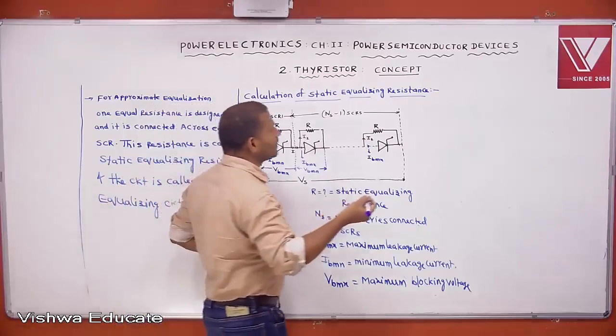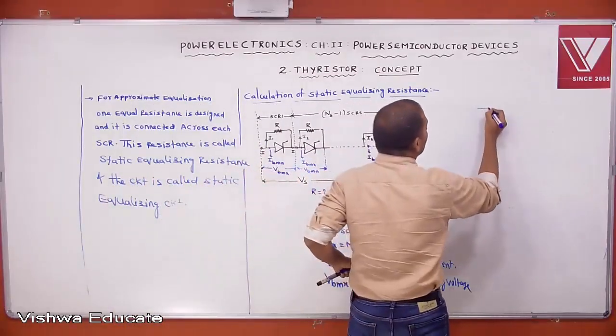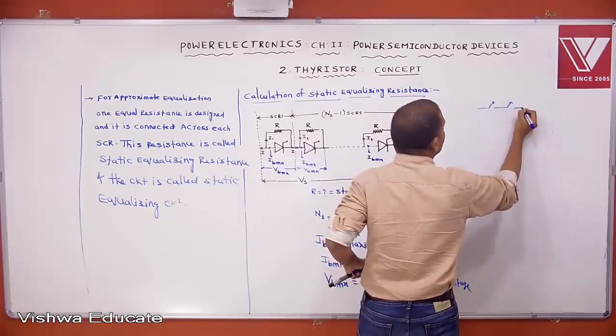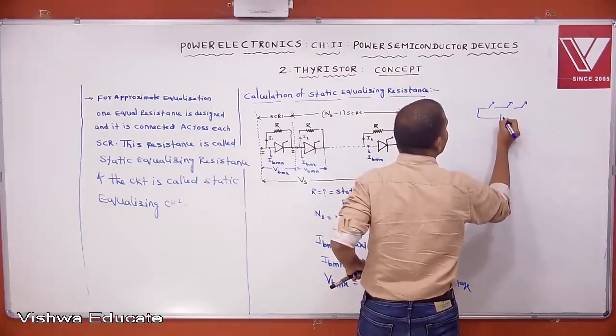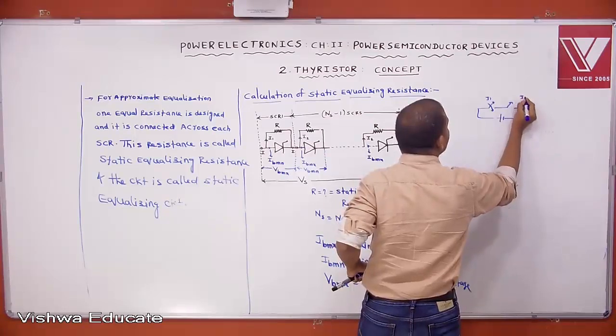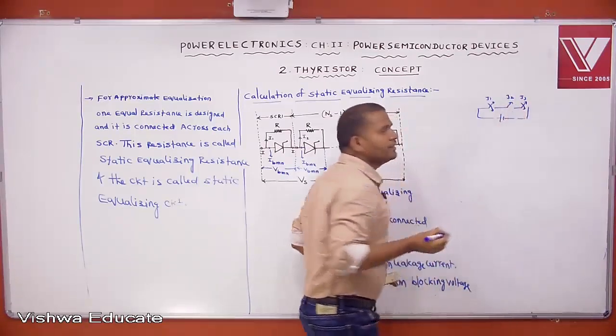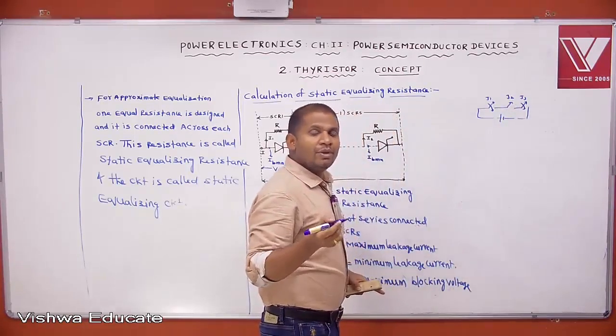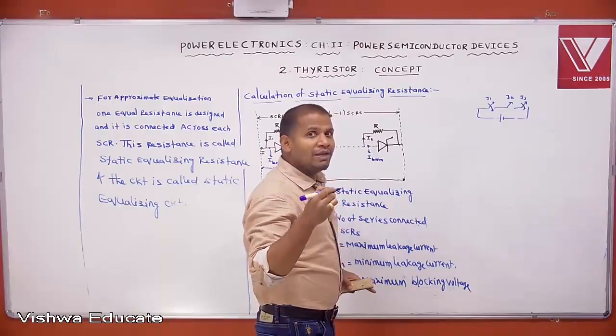Simple observation, go for the switch concept. Let us assume the SCR is under forward blocking mode: J1 is closed, J3 is closed, J2 is open.